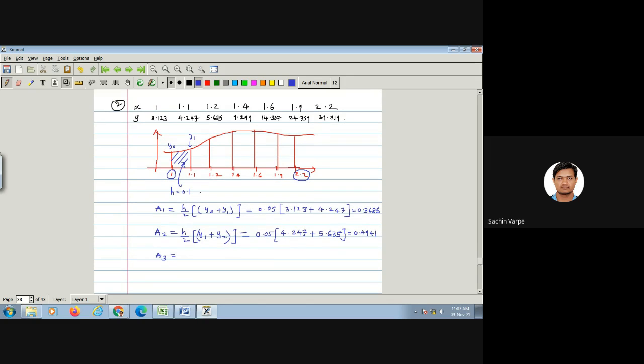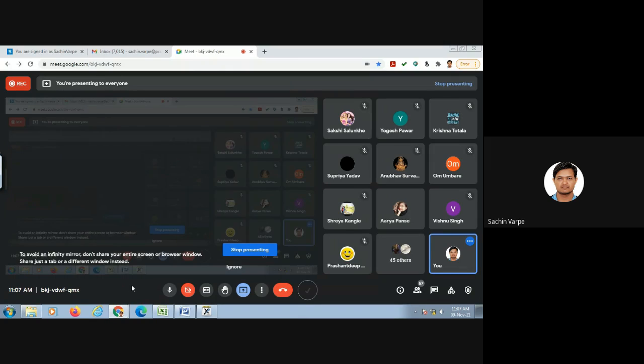But as here the subintervals are not evenly spaced, the lengths are not the same. Therefore, I'm getting the area of each strip, and then finally I can add those areas to get the required area. Is this point clear? Yes or no? There are 55 people in the meeting, and no one is interested to reply.